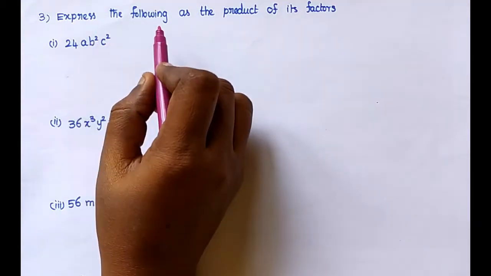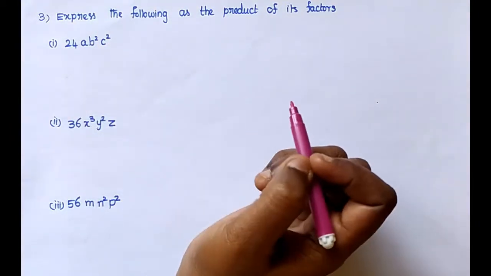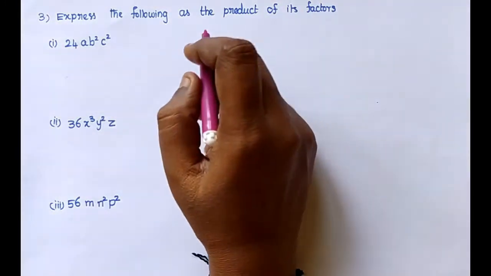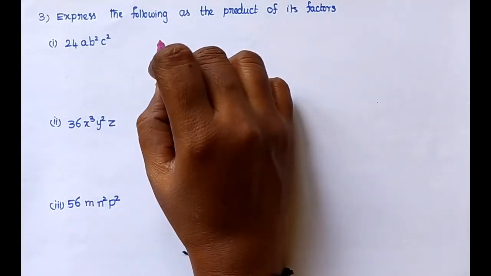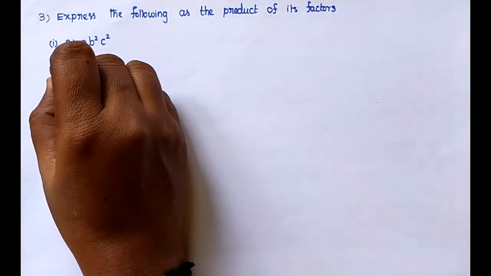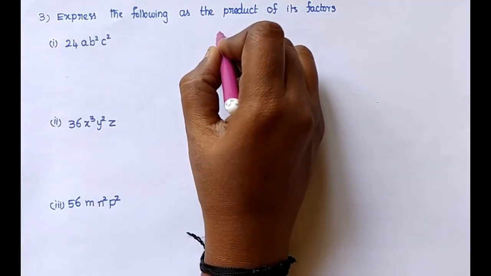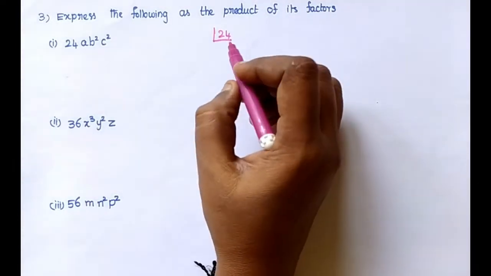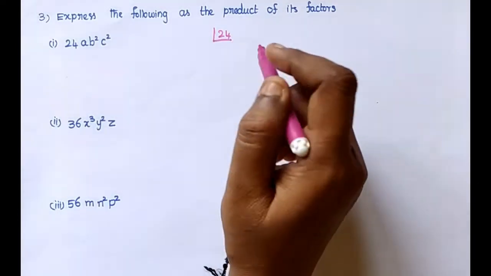Third sum, express the following as the product of its factors. Listen, they given the algebraic expressions. We have to find out the factors. First, find out the number factor, that is, how will you find out means prime factorization.